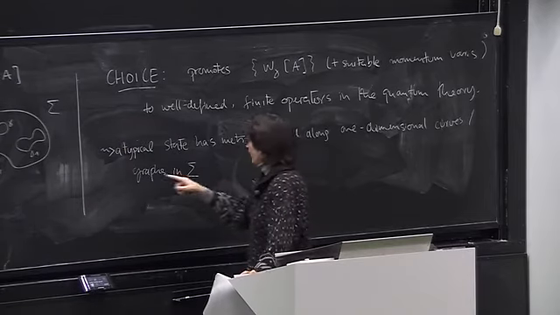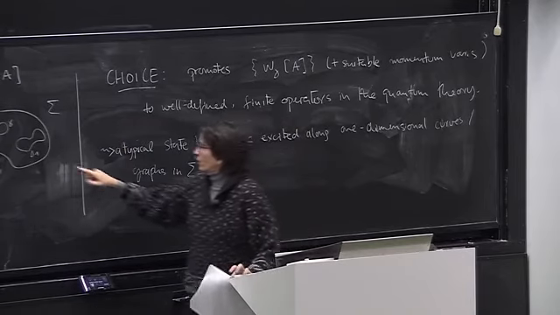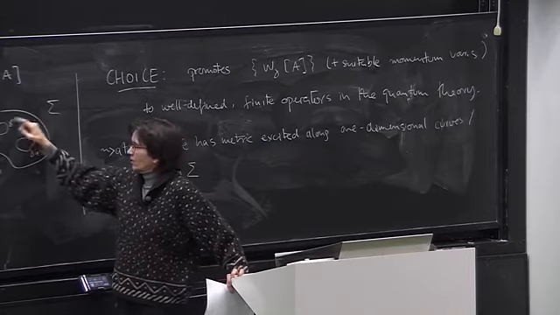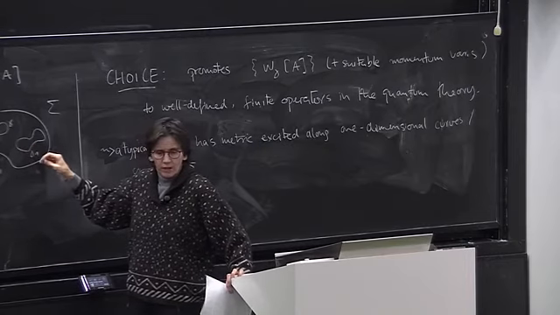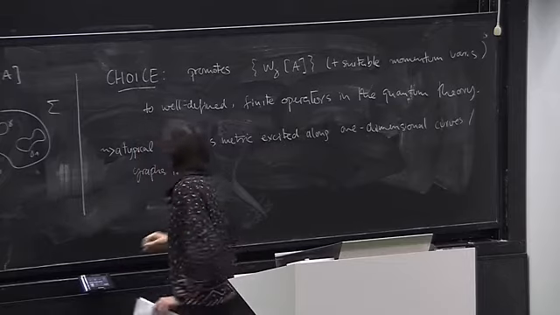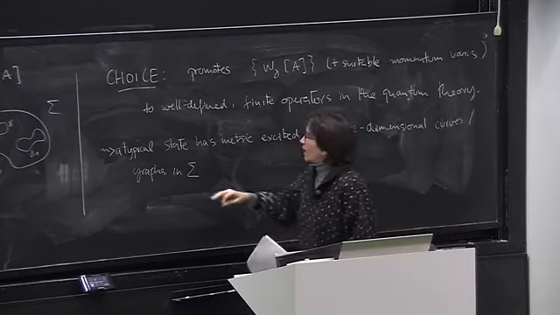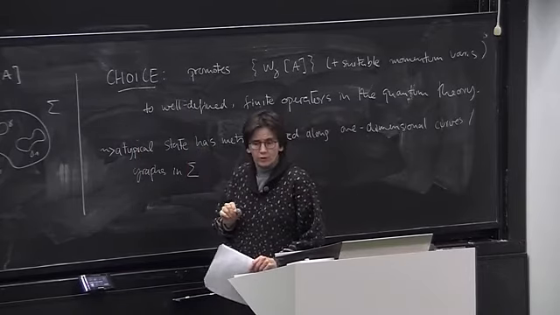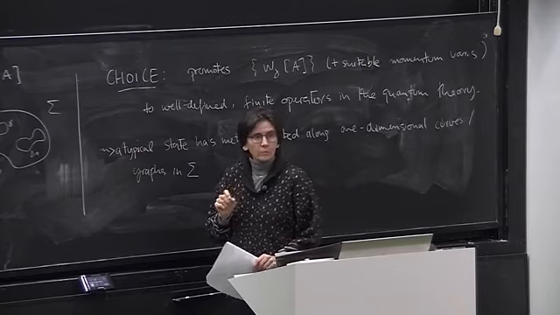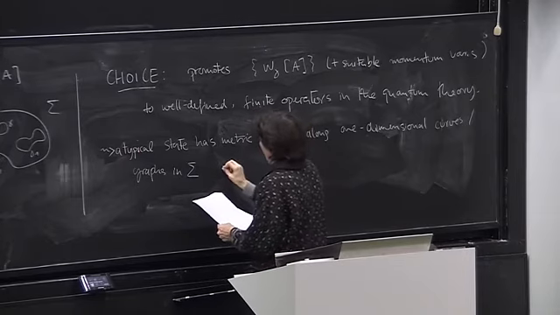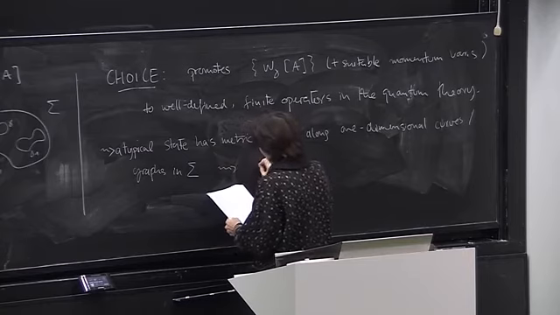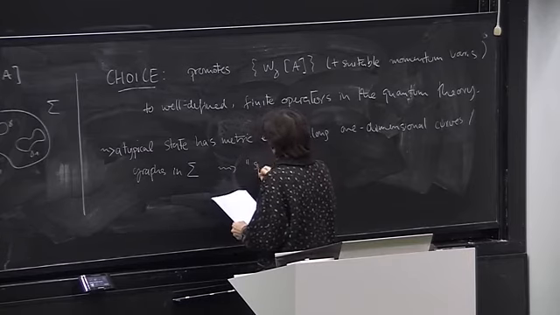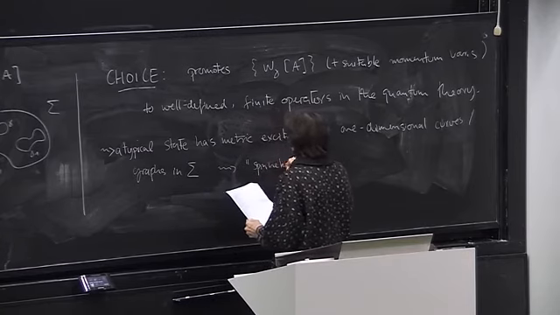And that leads one to structures which are intersecting graphs. And it leads one to a basis of states, which are the so-called spin network states.